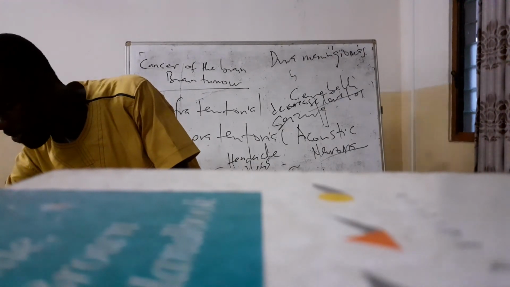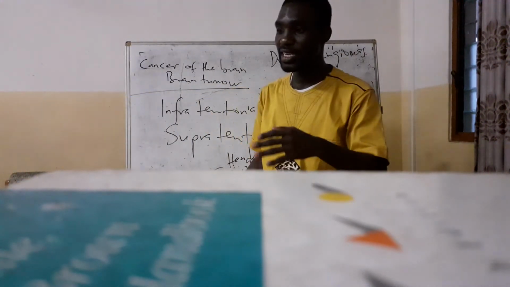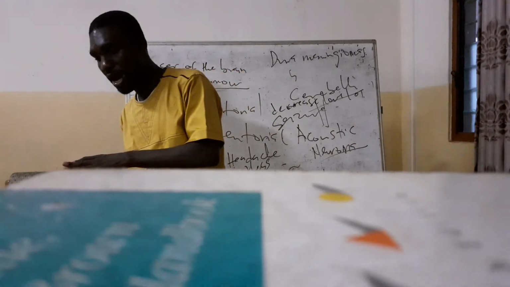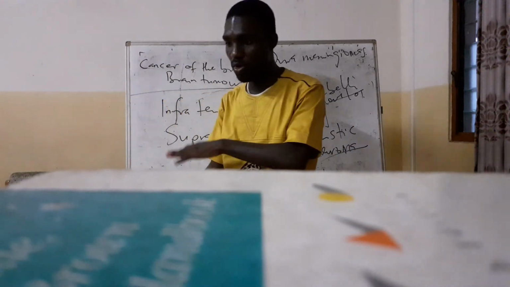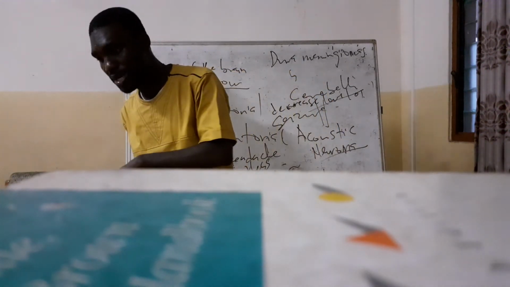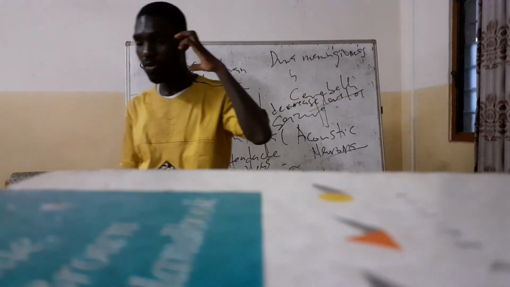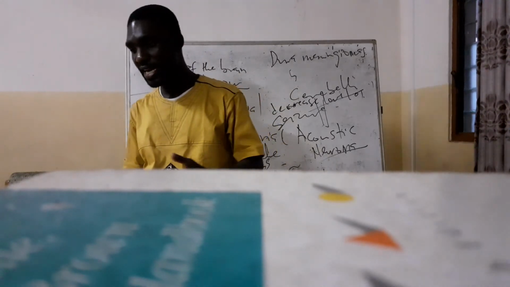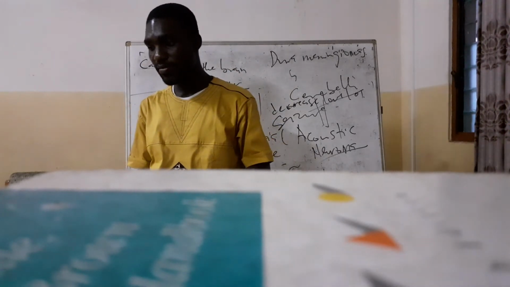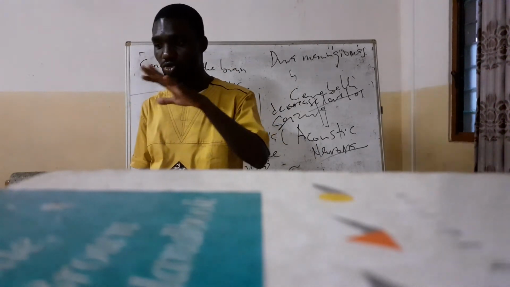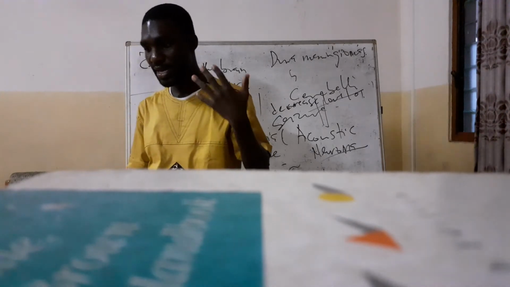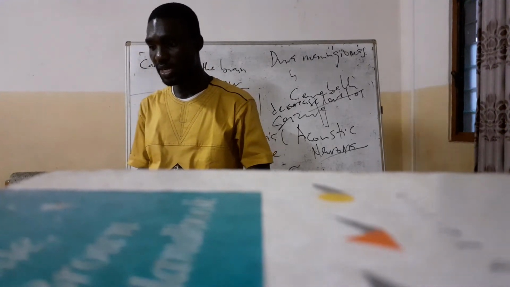Okay, so if it's affecting the infratentorial part, or is an infratentorial brain tumour, it can lead to hearing loss or ringing sensation in the ear, tinnitus, and then it can lead to facial drooping, and then difficulty in swallowing, dysphagia.